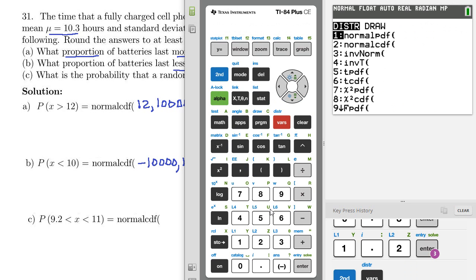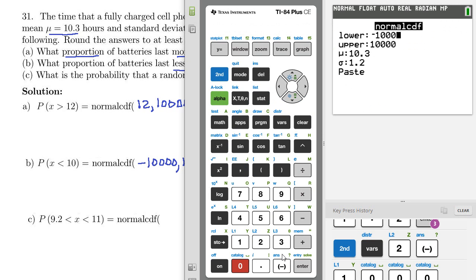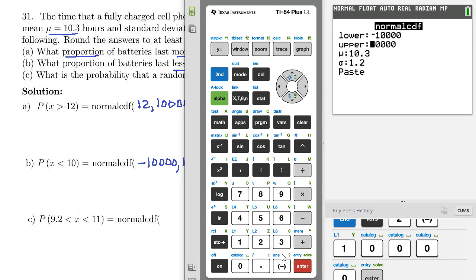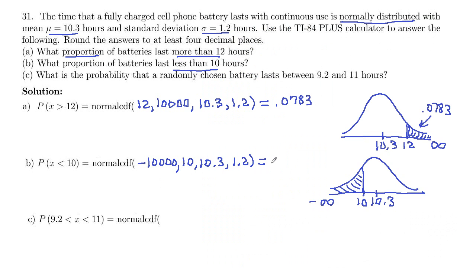So second variables, number 2, lower negative 10,000, upper 10, 10.3 and 1.2 stay the same, 0.4013. So about 40% of the area is below 10.